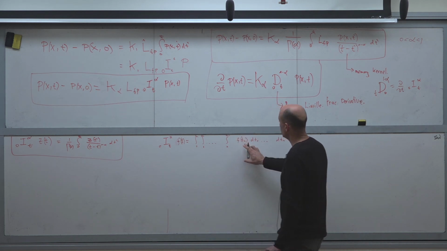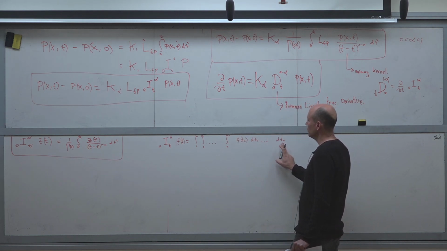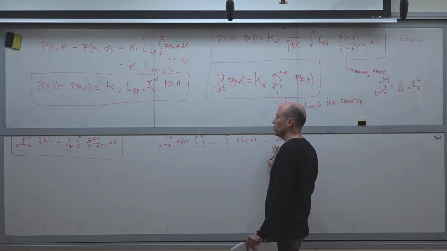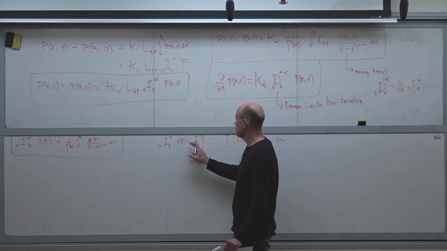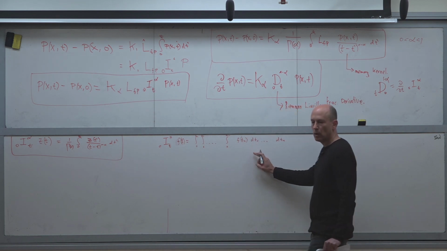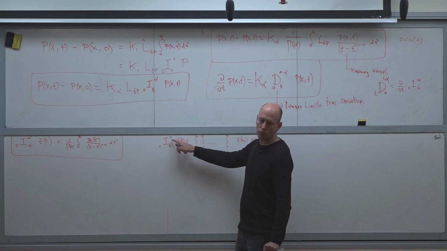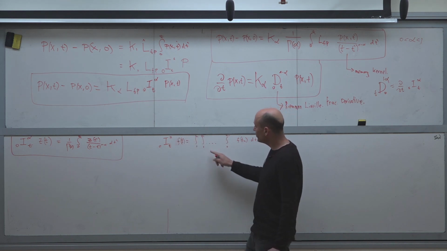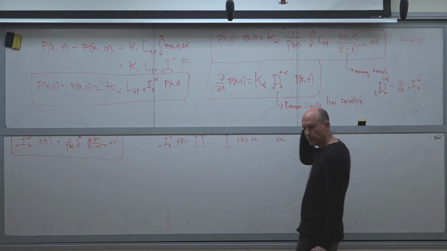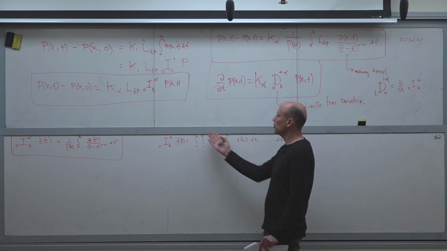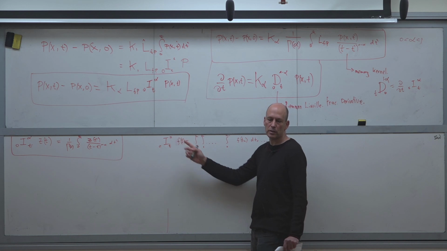So I take a function and I integrate it over dtn up to tn minus 1, then I integrate over tn minus 1, etc., up to dt1. This is what I mean here by n integrals of this function. This is a basic and natural definition of this object when n is an integer.